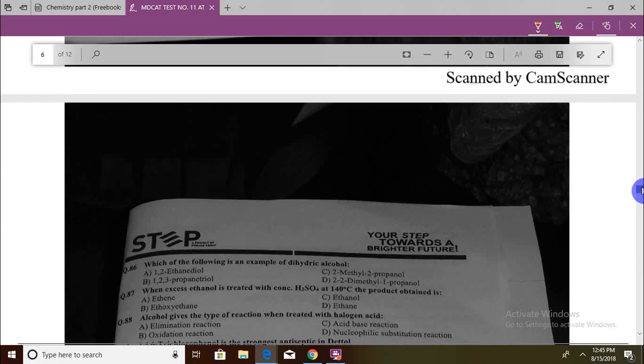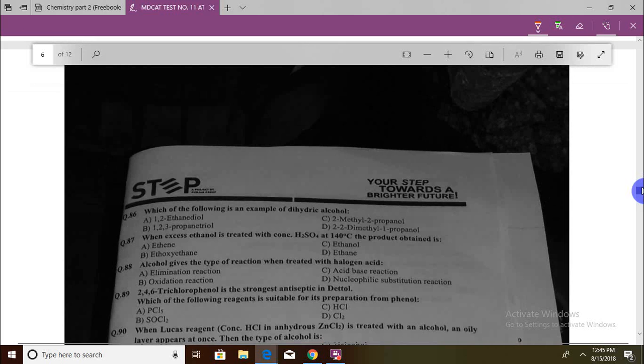So which of the following is an example of a dihydric alcohol that has two OH's? 1,2 ethane-diol. Yes, that does contain 2 OH. What about this one? 1,2,3 propane-triol. That would be trihydric. 2-methyl 2-propanol, that just contains 1.